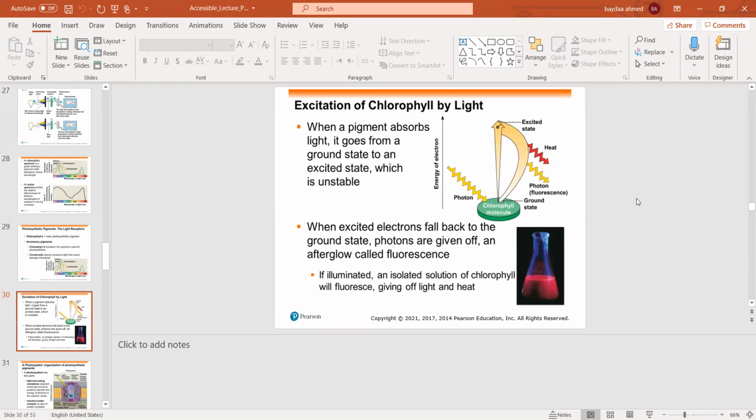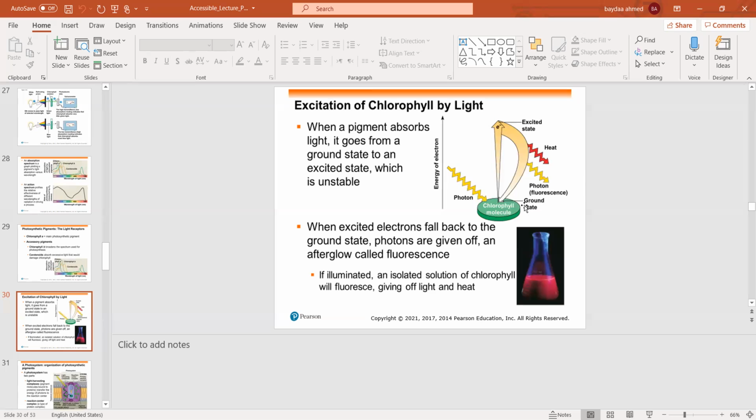When a molecule absorbs a photon of light, one of the molecule's electrons is elevated to an orbital where it has more potential energy. When the electron is in its normal orbital, the pigment molecule is said to be in its ground state. Okay?